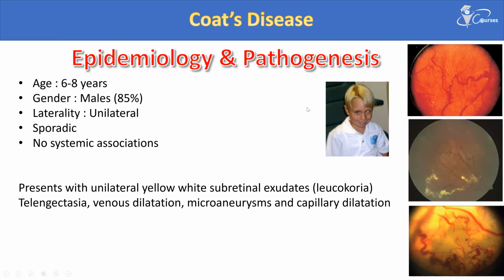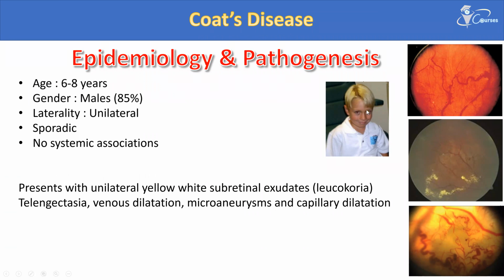Coats disease is one of a group of diseases characterized by telangiectasia, dilated abnormal blood vessels or telangiectatic blood vessels. So remember this boy, usually around 8 years old, usually unilateral and sporadic with no systemic association, and present with this manifestation.